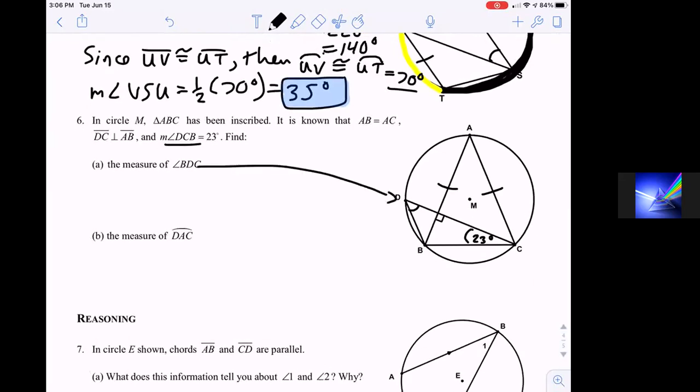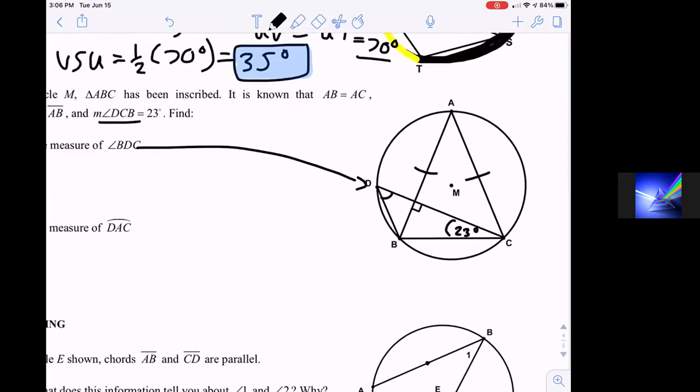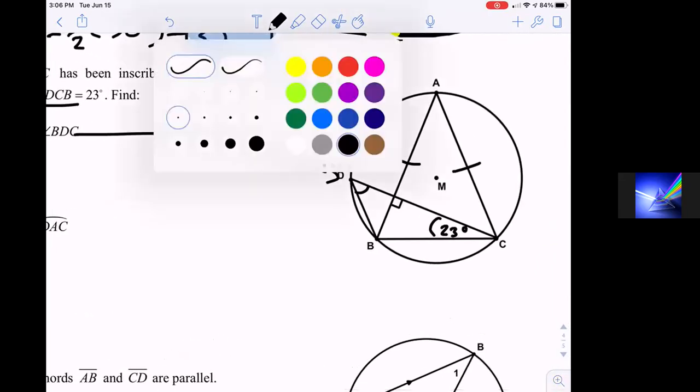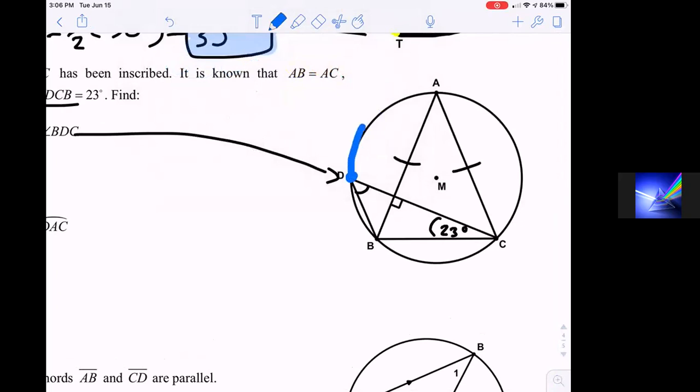Then we need to find the measure of arc DAC. Arc DAC would go around and be the major arc like this. Okay, so we have some pieces to find, okay?